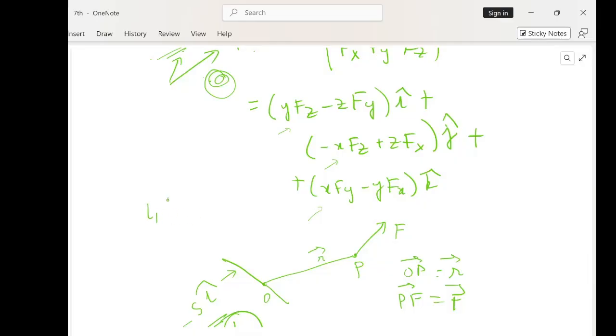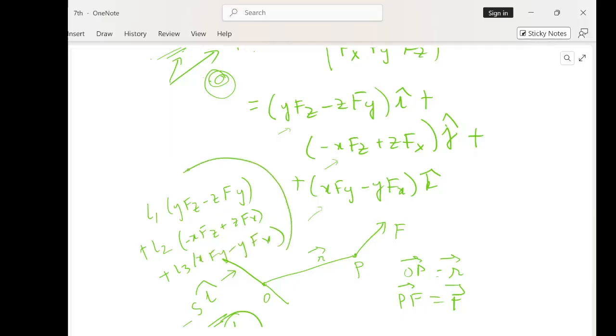That means L1 into (YFZ minus ZFY) will be your first term, plus L2 times its component, and plus L3 into (XFY minus YFX). So this is actually your moment of the force with respect to the line given.